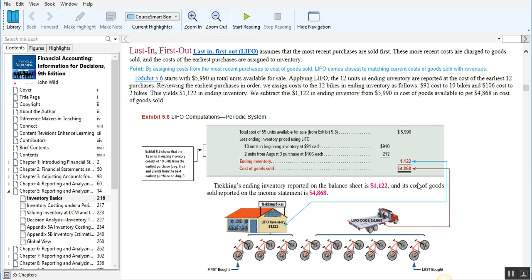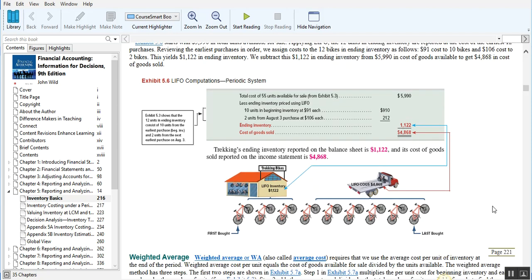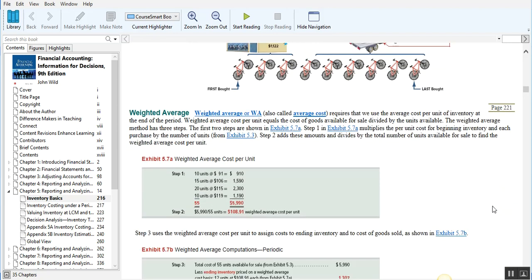This means with LIFO, your actual ending inventory will be valued at $1,122, and that will be subtracted from the total cost of goods purchased to arrive at the cost of goods sold of $4,868. So that's what we have in the cost if we're using LIFO.